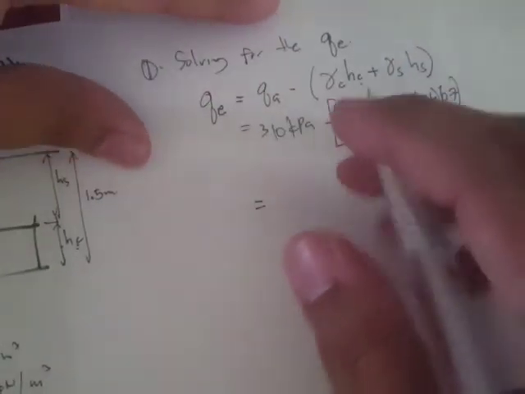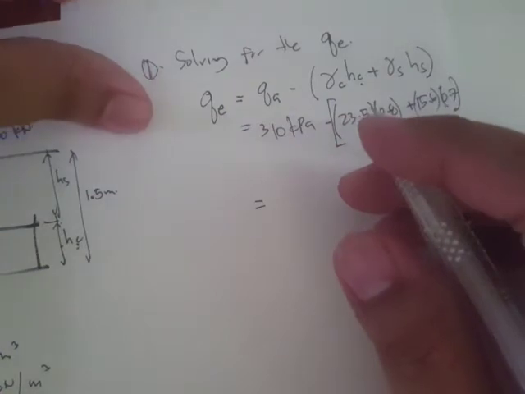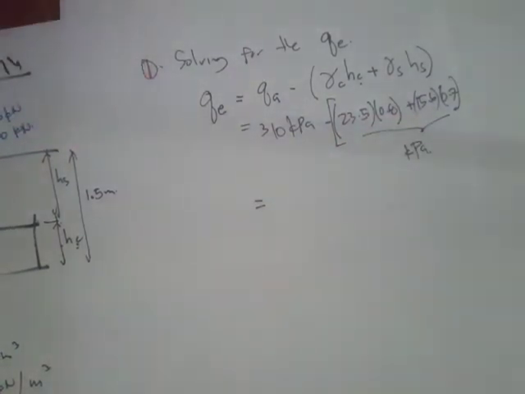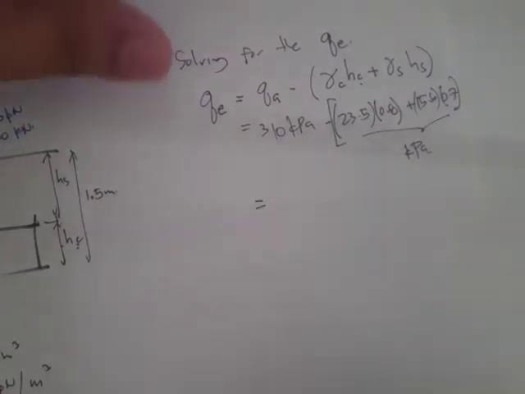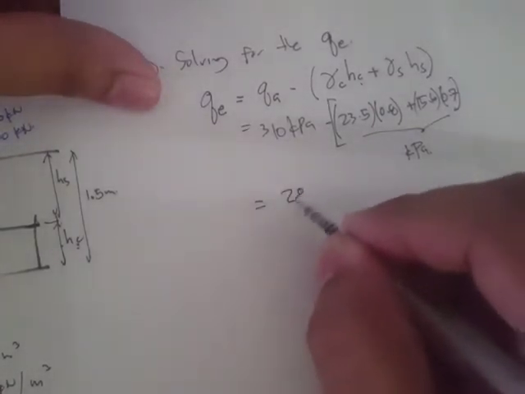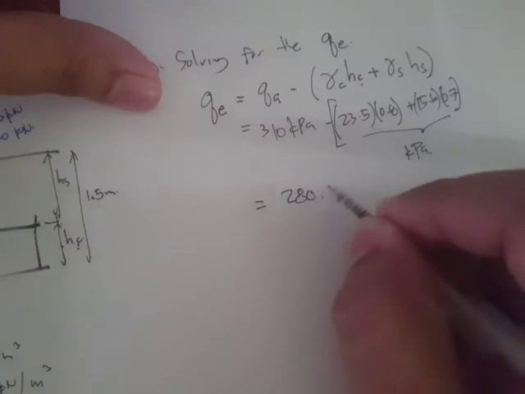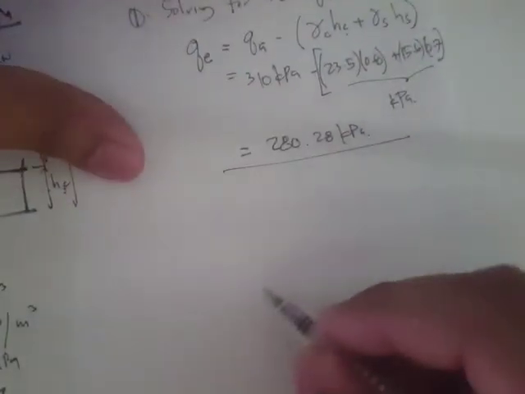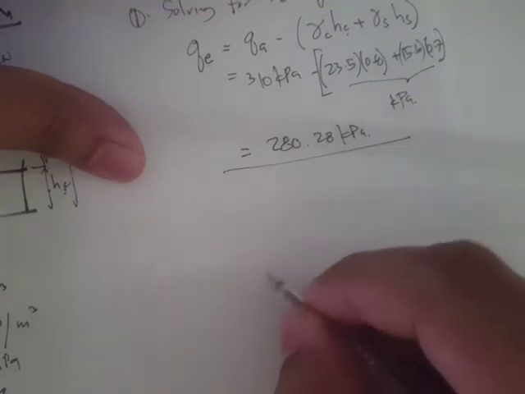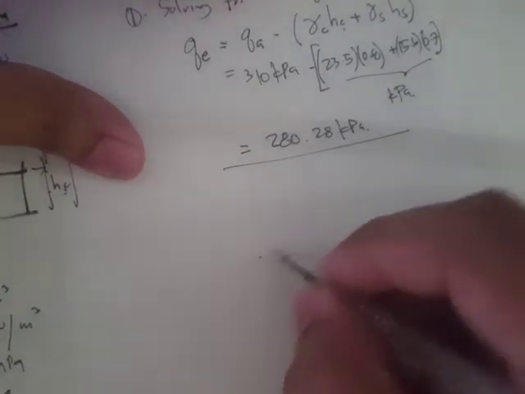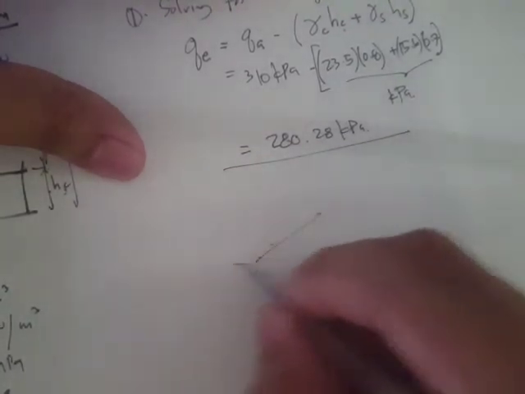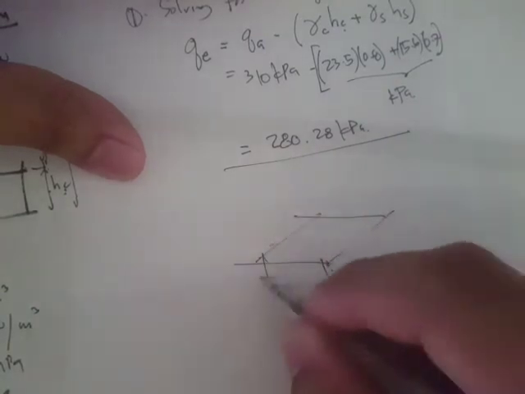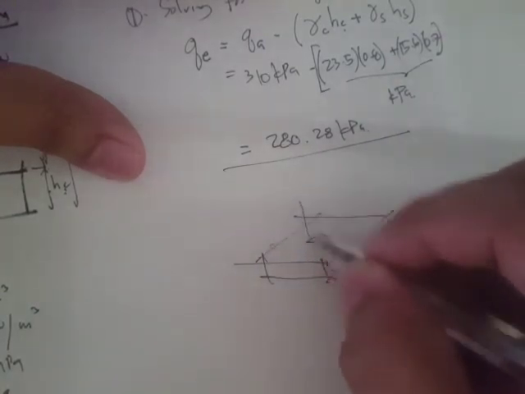Now if you solve this, you get a value of 280.28 kPa. Okay, so if you try to illustrate this, this is our footing, and this is our column.